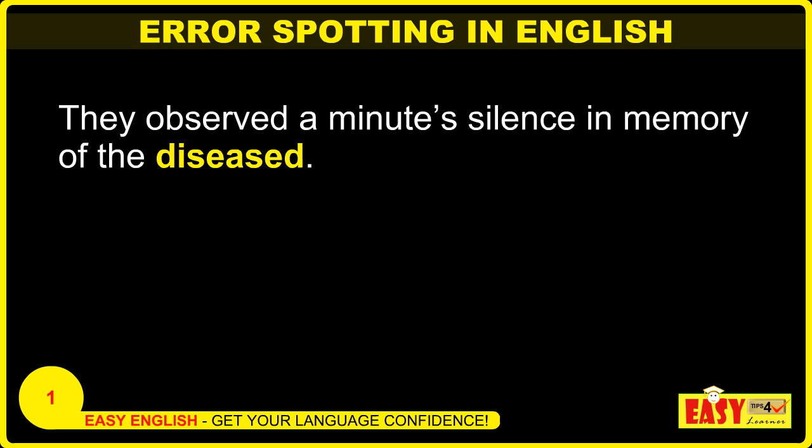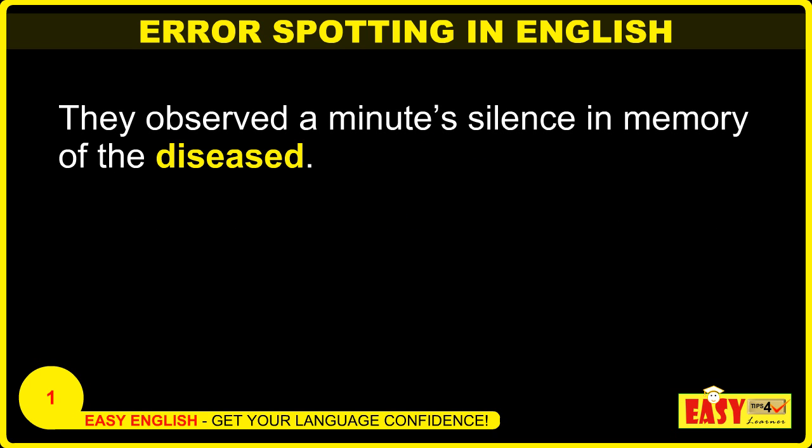Look at the next sentence. They observed a minute's silence in memory of the deceased. Okay. What do you mean by that? Somebody has died. So there was a kind of mourning that was observed in memory of the deceased. Now look at the spelling.